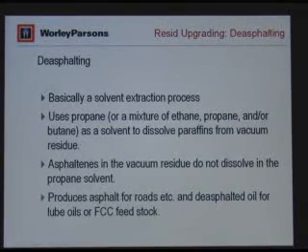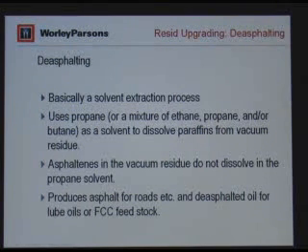You need something in the right boiling range and the right extractive properties. But basically what you're trying to do is to take out the material that you want. And the material that's left is the asphaltenes. They don't dissolve in the solvent. And so you're left with material that you can make asphalt for roads and things like that.